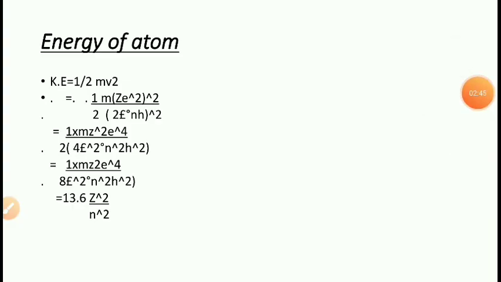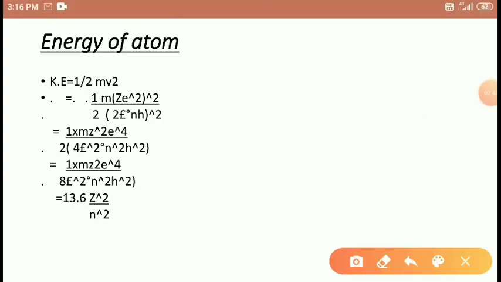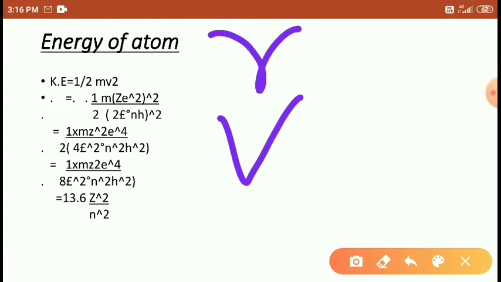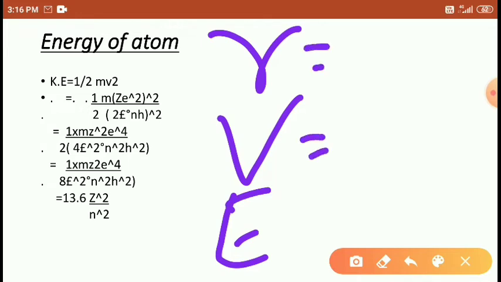So here we have to find out the radius, velocity and energy, right. We have to find out the radius of the hydrogen atom, the radius of the electrons in the stationary energy level or excited level, and the velocity and energy in the stationary level and excited level.